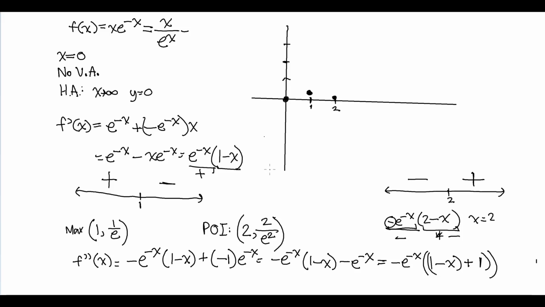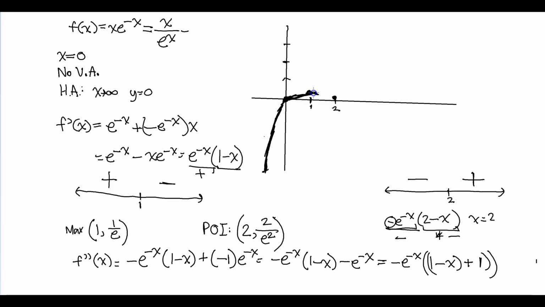So I think we have enough information so we can actually try to sketch this graph. It's increasing up to here, so we're going to make it increasing but concave down, curving down. It hits here, then starts decreasing, but still concave downward.